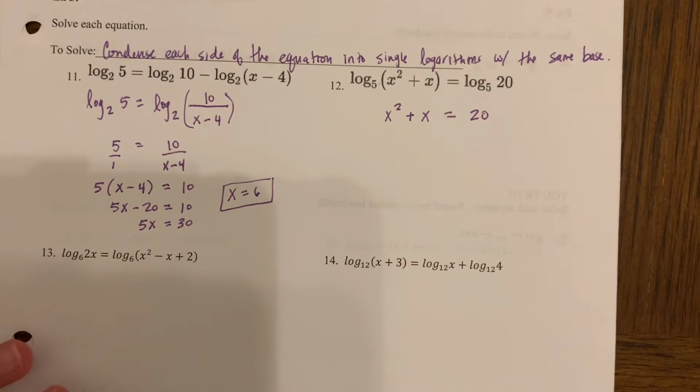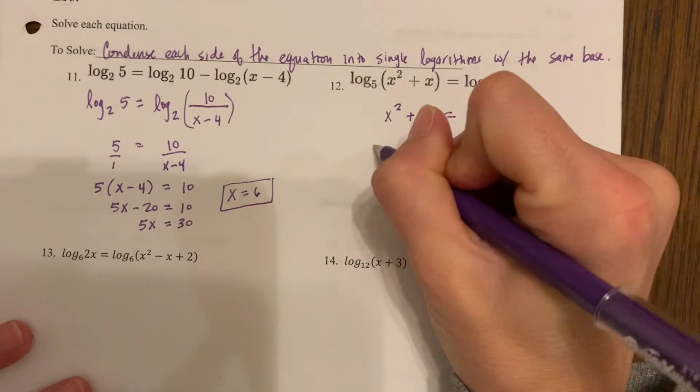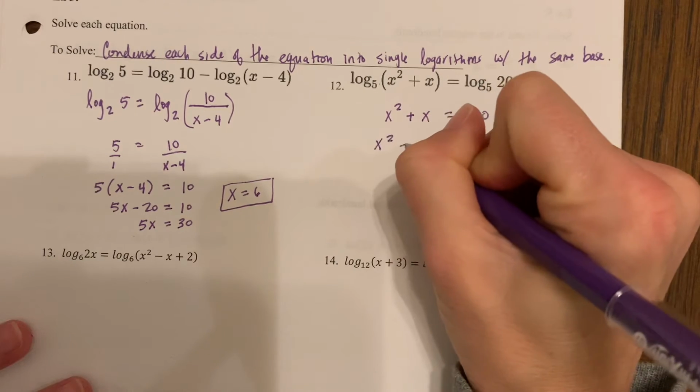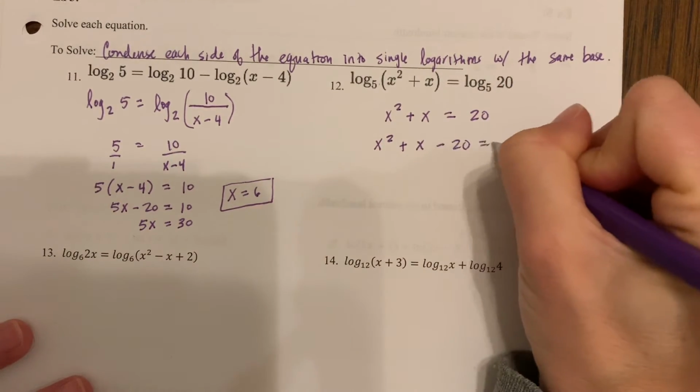Because I have x to the second power, this is going to represent a quadratic equation, and anytime I solve a quadratic equation, the equation must be set equal to 0. So I'm going to subtract 20 from both sides. I have x squared plus x minus 20 equal to 0.